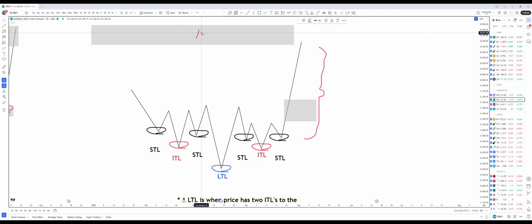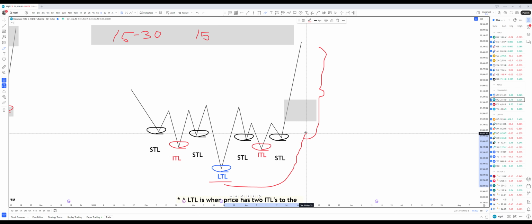This is going to be your 15-minute PD array, slash 1 hour PD array maybe. I would like to use the 15 to 30-minute PD array right here. So the duration for this long-term low to hold is going to be this much, just to get price to its objective, which is right here.